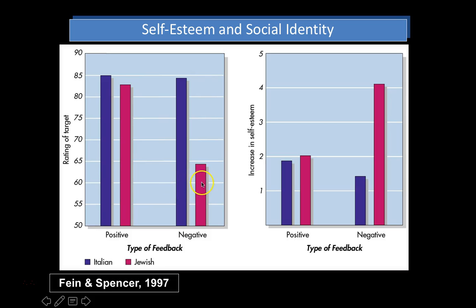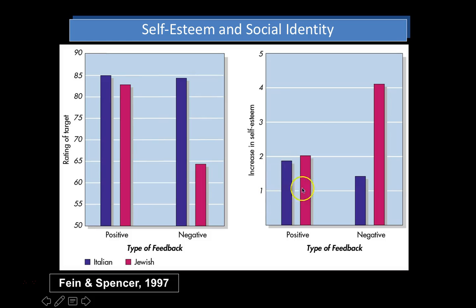So we see out-group discrimination, expressions of prejudice, in terms of the rating of hire her or not, accept her or not. That's a form of discrimination when self-esteem was threatened and the target was an outgroup member.